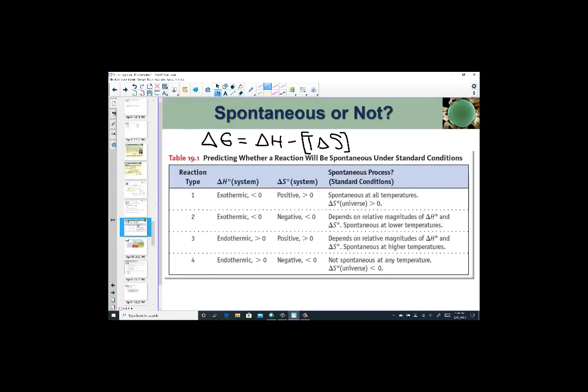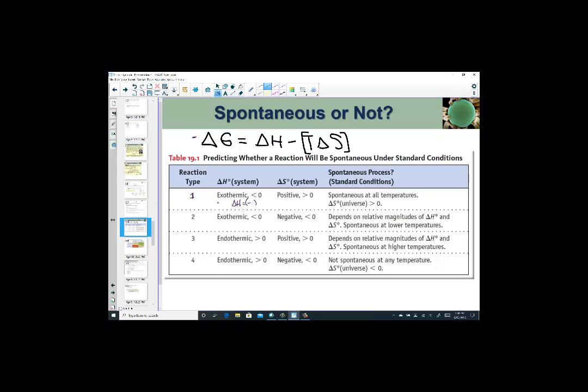Now, I like this particular chart to help us think about 4 different scenarios and whether or not a reaction will occur. Now remember, enthalpy minus the product of T delta S. This overall must give us a negative delta G to be spontaneous. If, let's say, in reaction type 1, delta H is negative, that means it's an exothermic process.